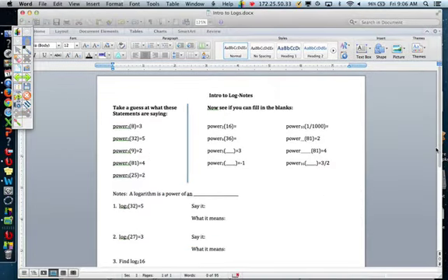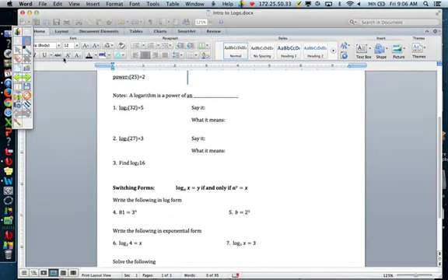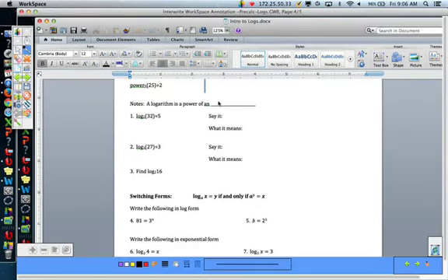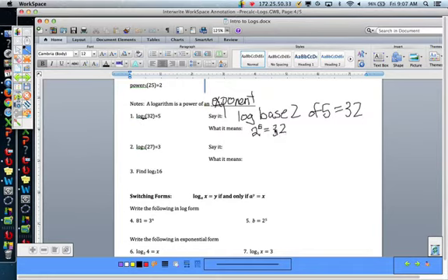So as we take a look at this next bit here, some general notes. A log is a power of an exponent. And so the way we read this is log base 2 of 32 equals 5. So this subscript is your base, and what it means is 2 to the fifth is equal to 32.